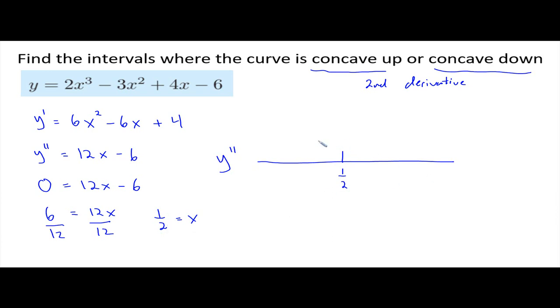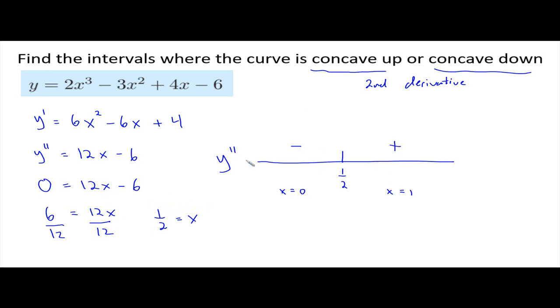Now we need to test to the left and to the right of this value. To the left, I can test the value x equals 0. I plug it in here and get 0 minus 6, so I end up with a negative. Over here, I can test x equals 1. If I plug in 1 here, I end up with 12 minus 6, a positive value.